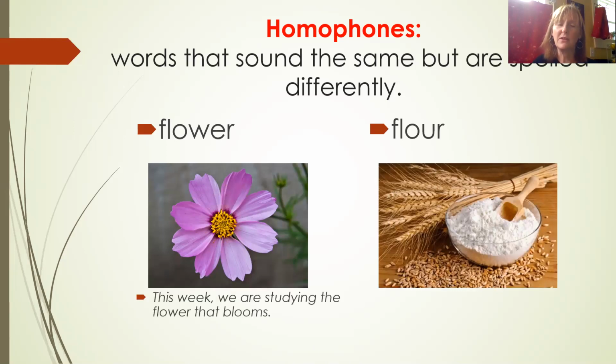This week we are studying the one that blooms, and not the kind of flour we bake with. Now notice, this is going to come back later, that flower has two syllables, and we're going to talk about the importance of that in the upcoming slide.